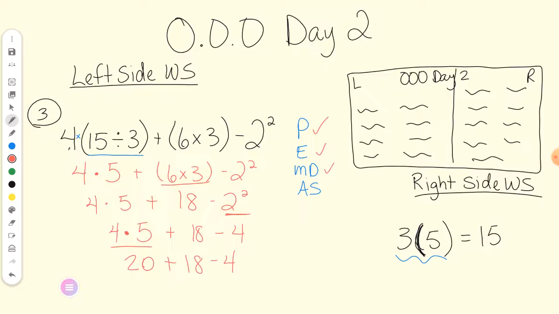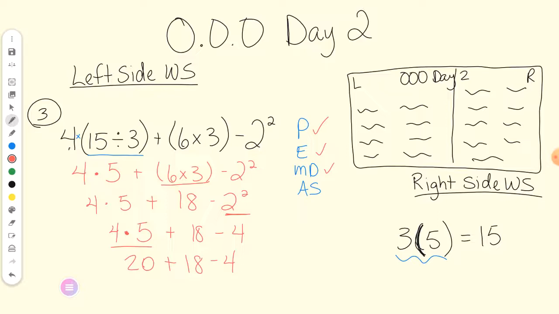Grayson, what's next? 18 minus. What does AS stand for? Besides Amy Schilling. Add and subtract.